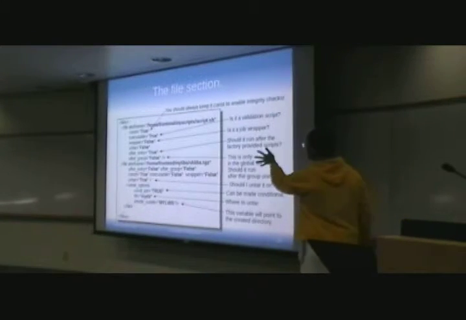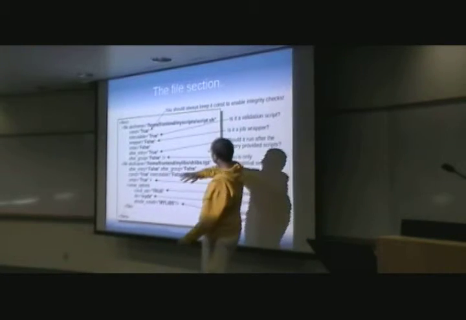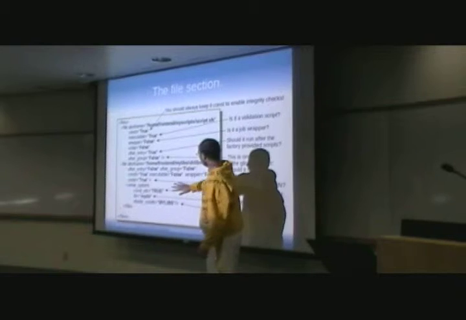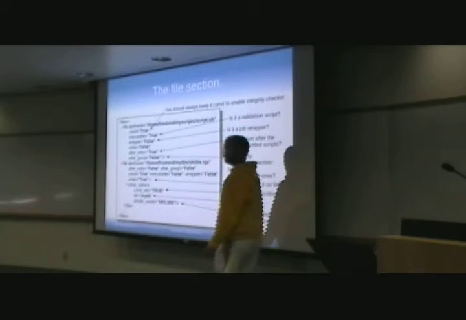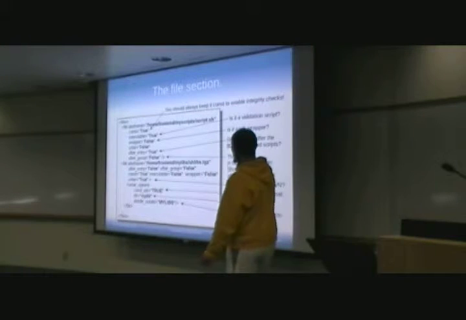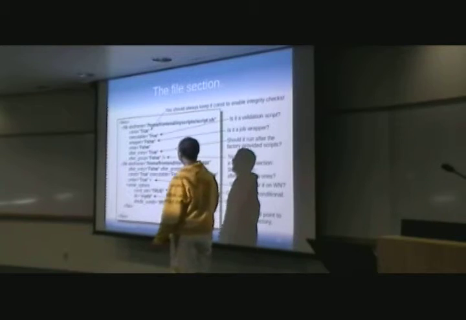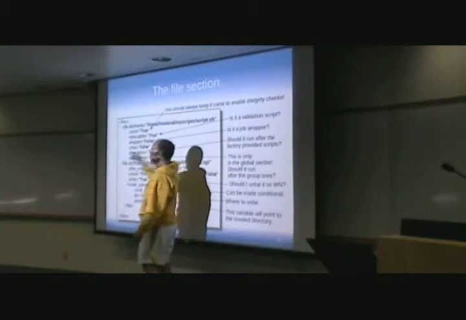So here is what a file section looks like, and I have two. One that is a script, and one that is a tarball. I cannot show all the combinations, but here are the two of them. So like before, you have the name and the path to the file. You say if it's constant or not.